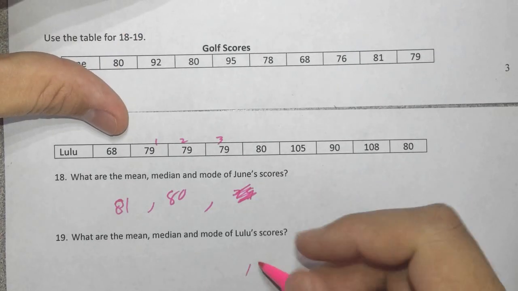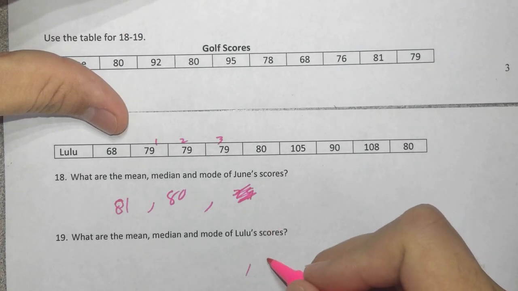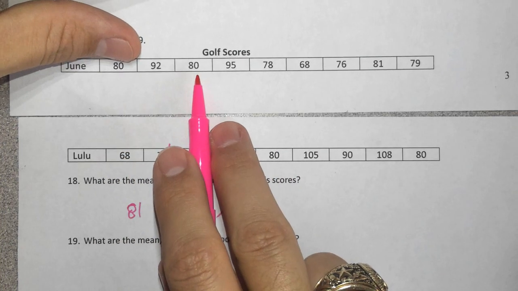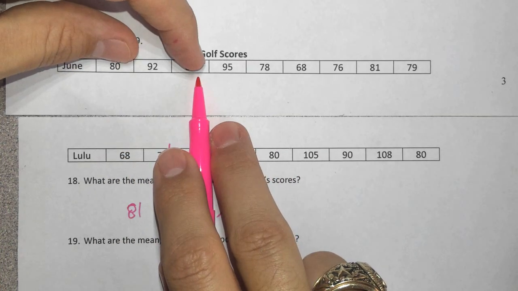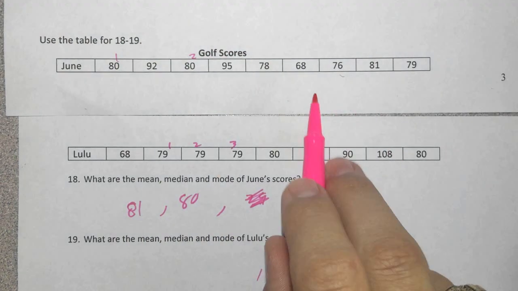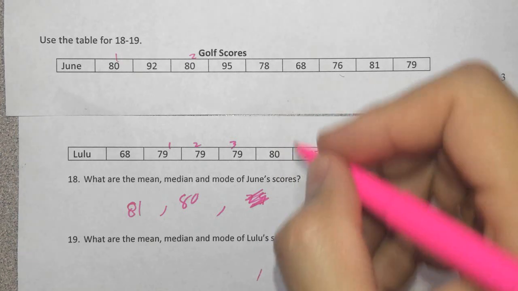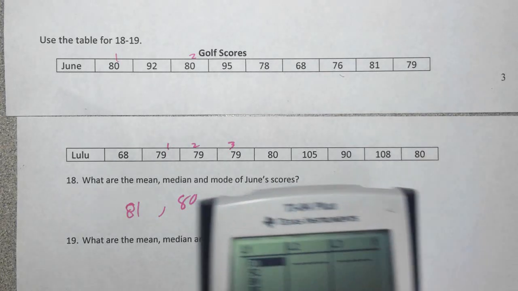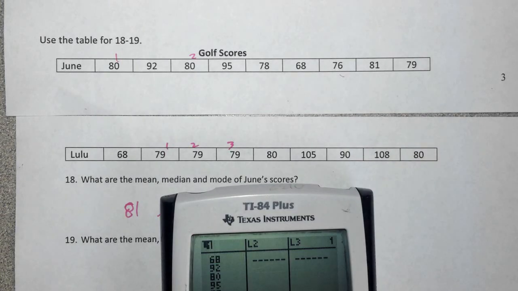That's going to be Lulu's mode, 79 down here. 80, 80, there's 2 80s. Doesn't appear anything repeats, so this is actually 80 there. Okay, sorry about that. We'll blame Joseph for that one.